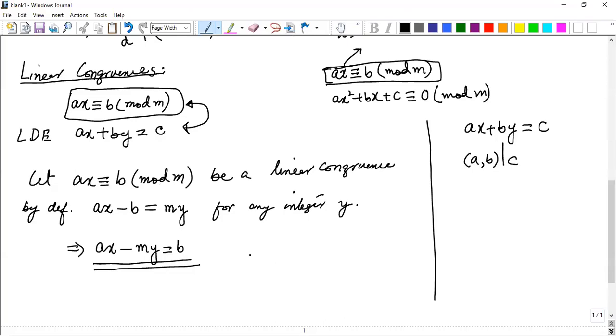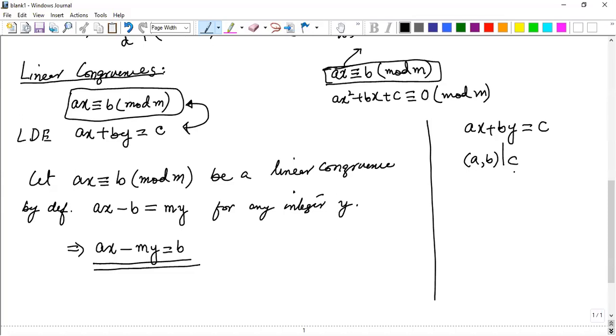So there is a condition. So it means not every linear congruence is solvable. So there is a condition to solve a linear congruence as well, and that condition applies in the linear congruence as well. So a remains the same.